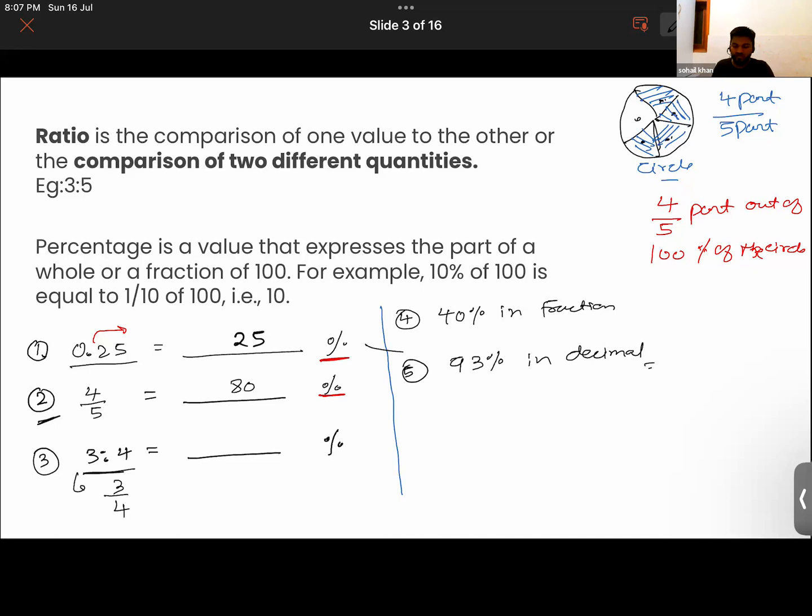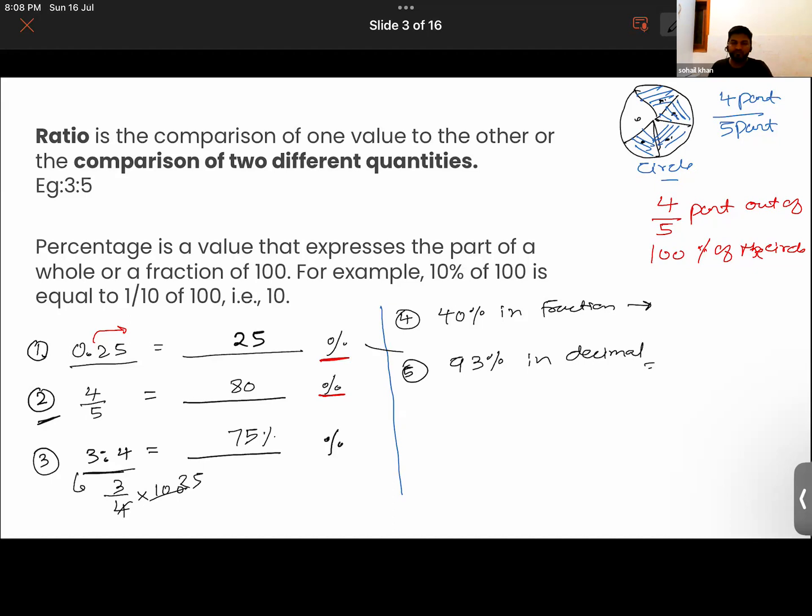Just do one thing. Tell me the answer of question number 3, Arhan. Say it's 75%. Ahmed, you? Yes, it's 75. Okay, so 3 upon 4 multiplied by 100, that is 25 multiplied by 3, that is 75. Now, what about question number 4? How do we represent percentage into fraction?